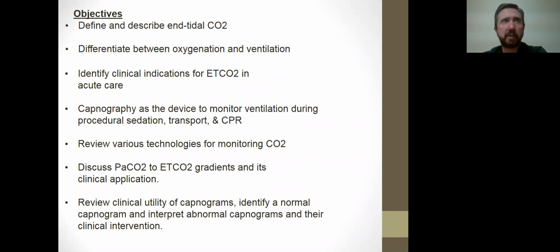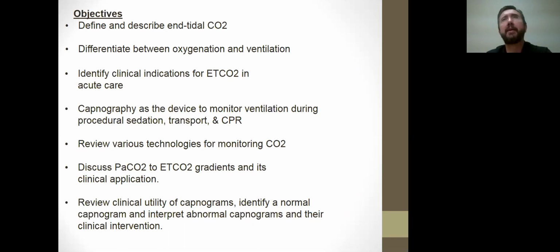And of course, we're going to discuss the PaCO2 to end-tidal CO2 gradient and its clinical application. There are some similarities and some assessments we can make in determining lung problems and poor oxygenation and ventilation. And of course, reviewing the clinical utility of capnograms, we're going to identify a normal capnogram and interpret abnormal capnograms and their clinical interventions as well.